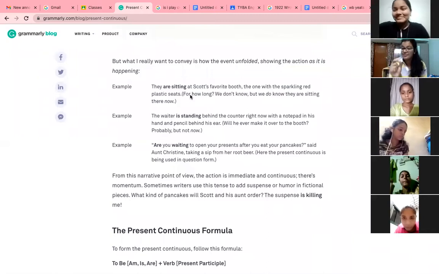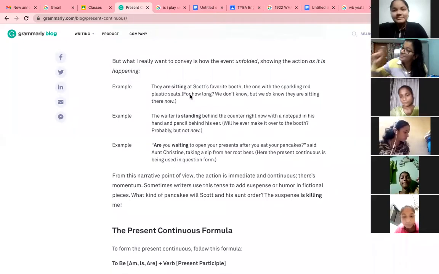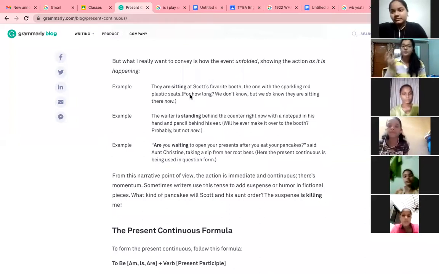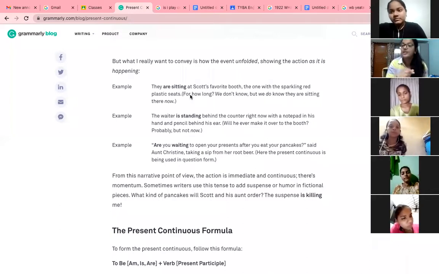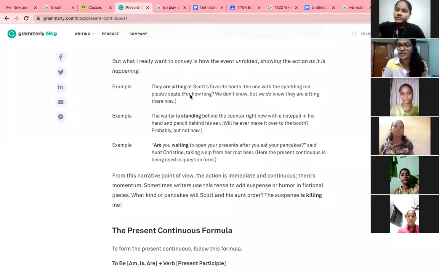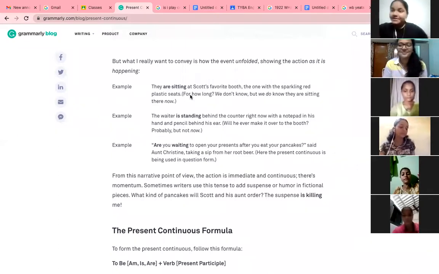But the past participle that we had in present perfect was talking about a verb in the past. Okay, but right now here we are doing a present participle that is talking about the verb that is being done right now in the present.